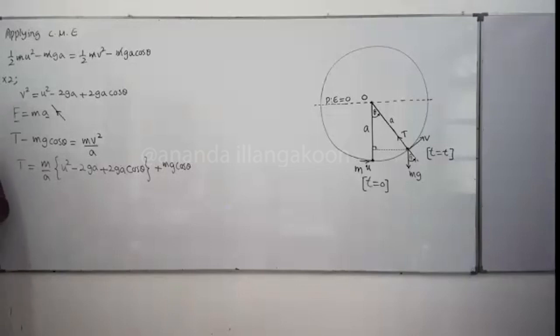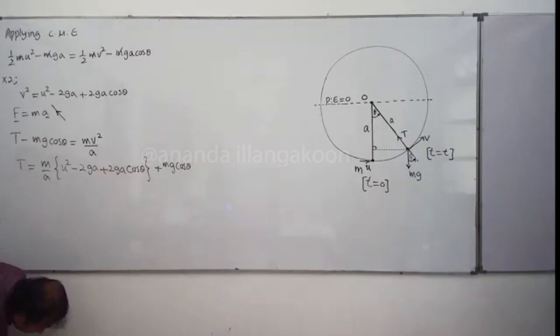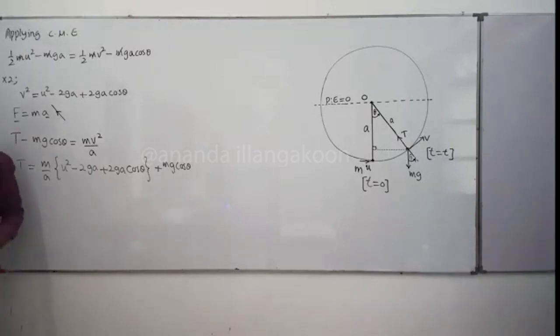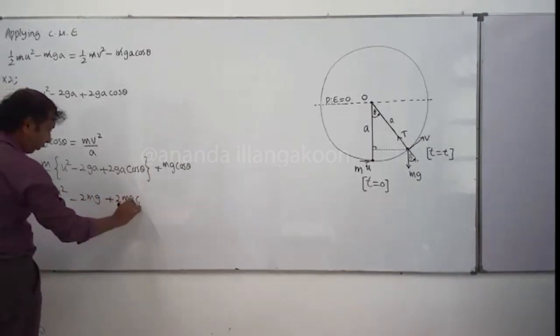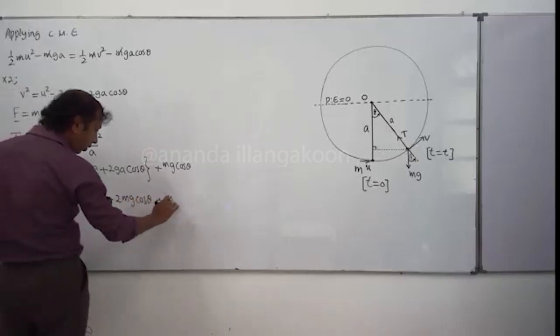Now T equals the bracket, mu squared over a, here minus 2mg plus 2mg cos theta plus mg cos theta.